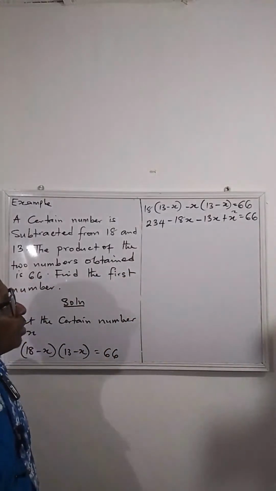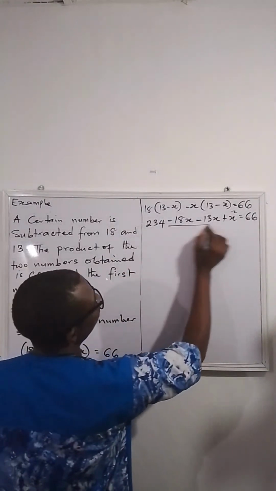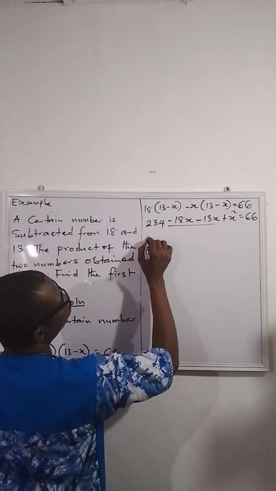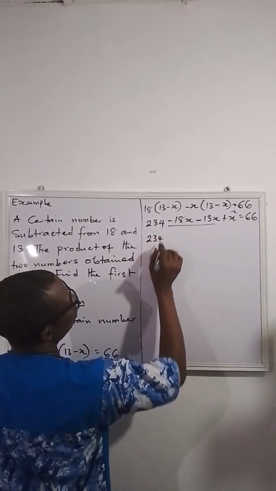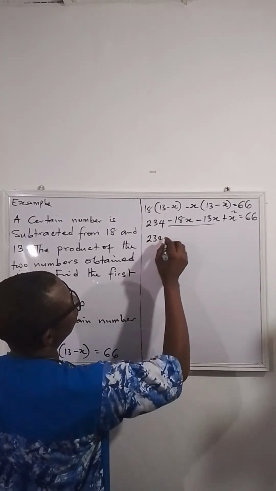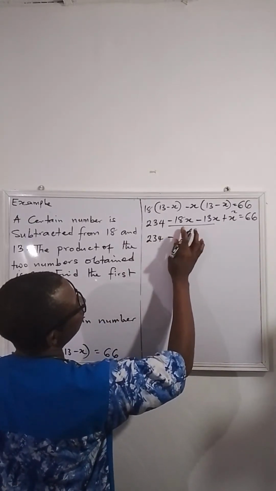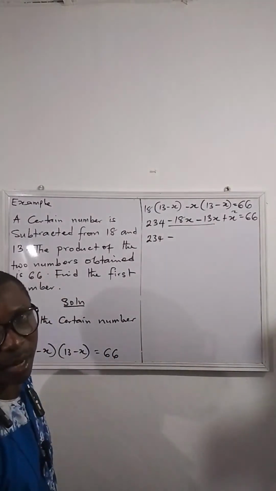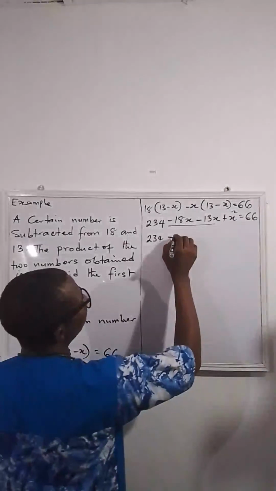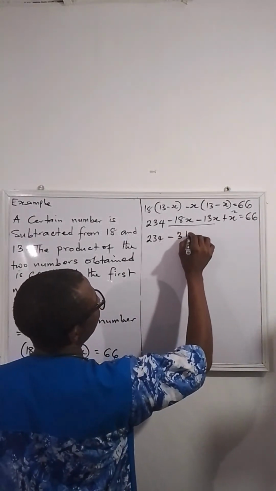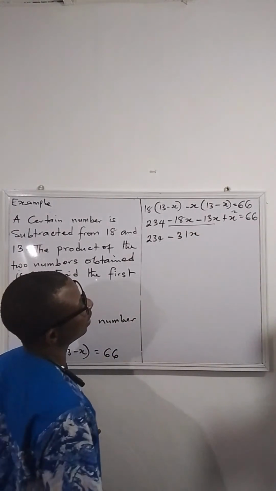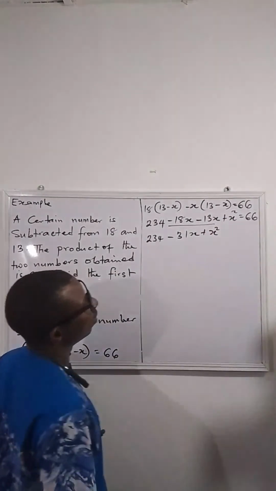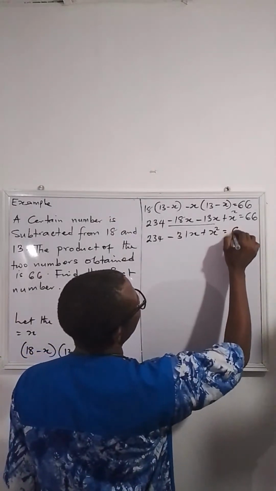Now you can see we can tidy up these two terms. So you have 234, minus, when you join these together, 31x. That's minus 31x, plus x squared, equals 66.